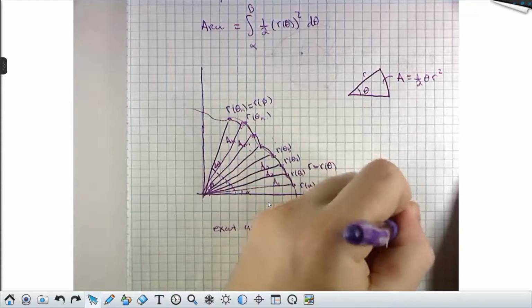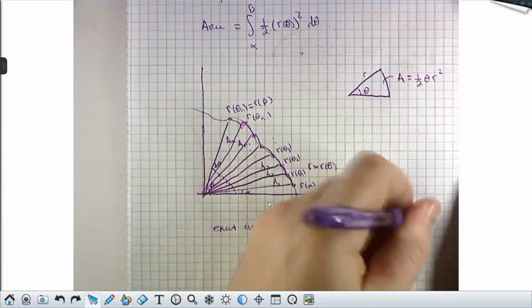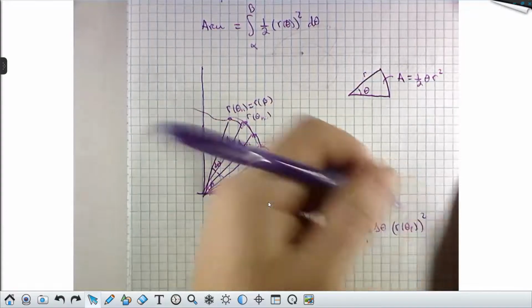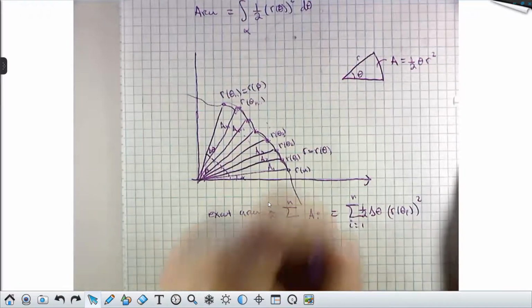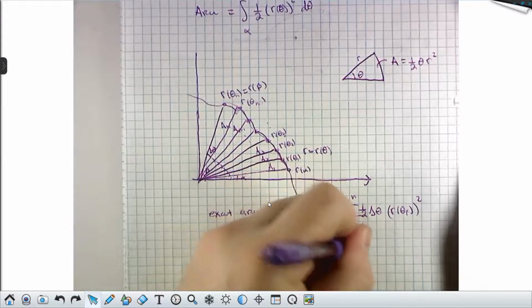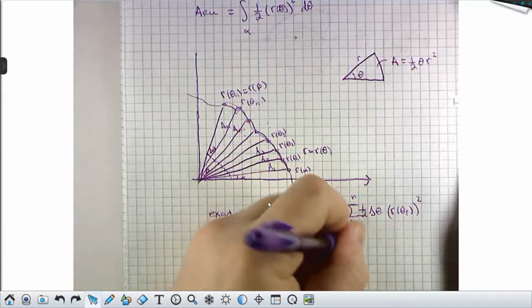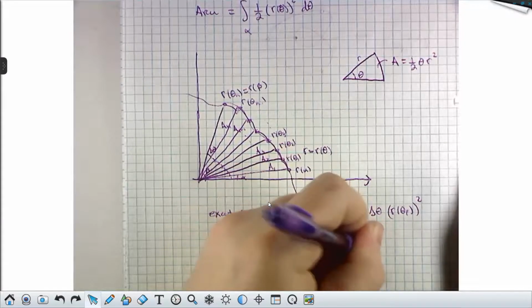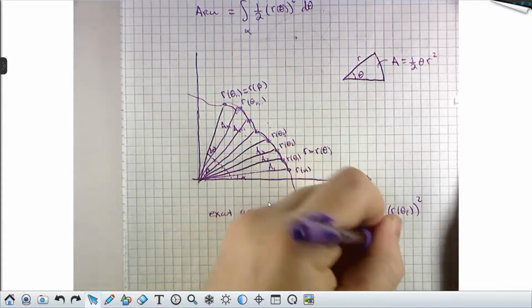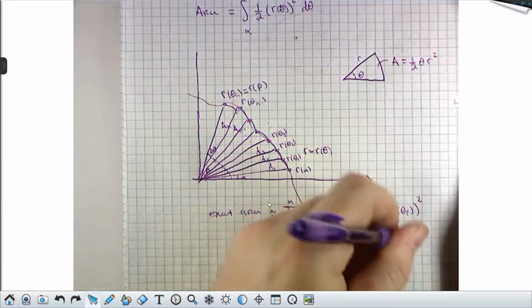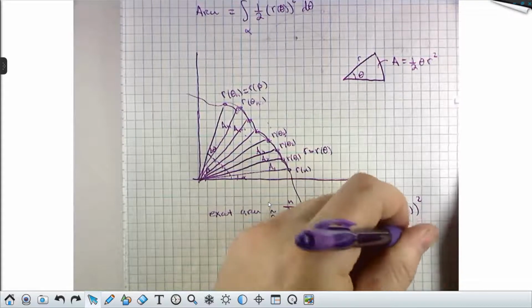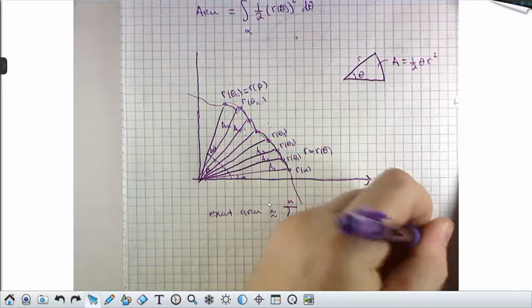So this is r of theta i squared. And we can rewrite that, I'm leaving the 1/2 inside, as the sum from i equals 1 to n of 1/2 r of theta i squared delta theta.